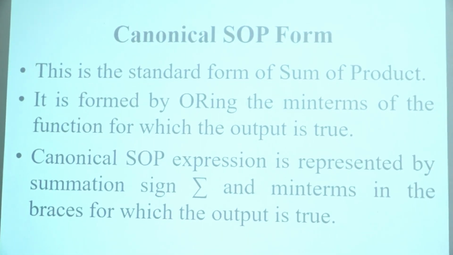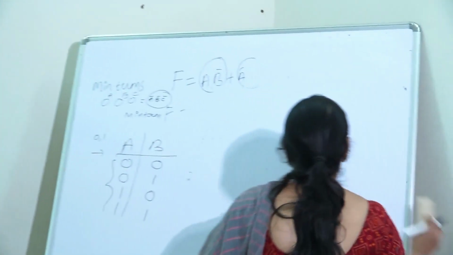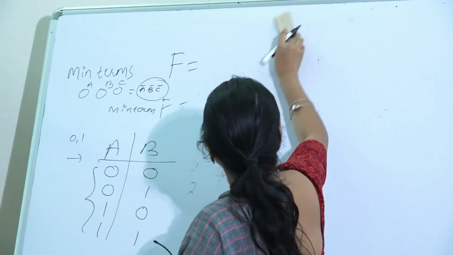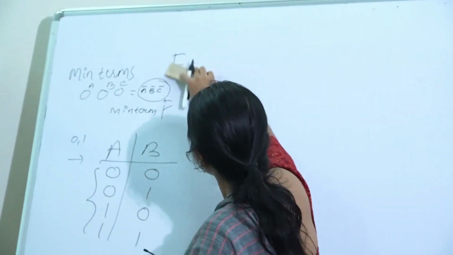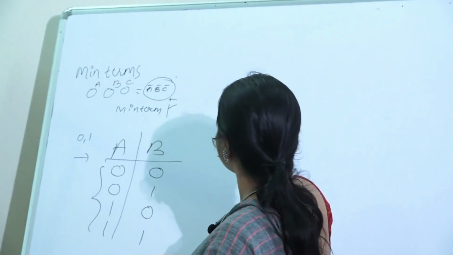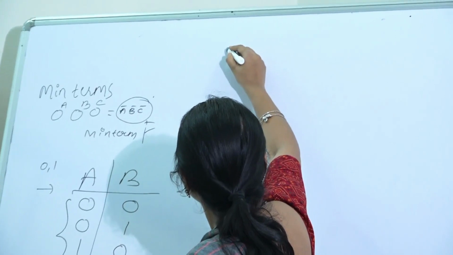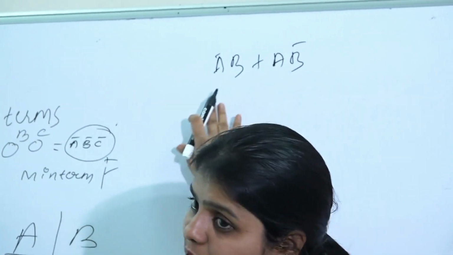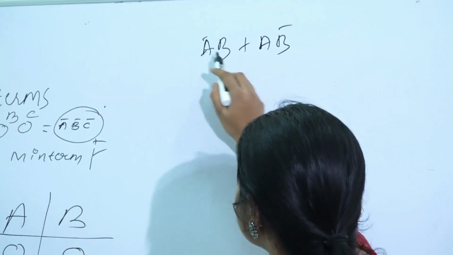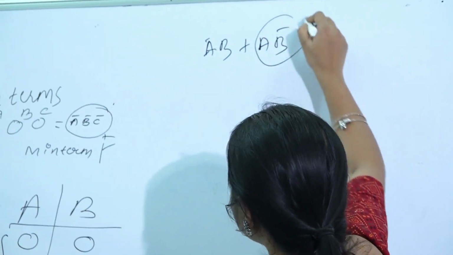When you form the Boolean function and OR the product terms, that is called canonical SOP form. Basically, sum of products A bar B plus AB bar. If I take these two literals, this is one product term which is called minterm.